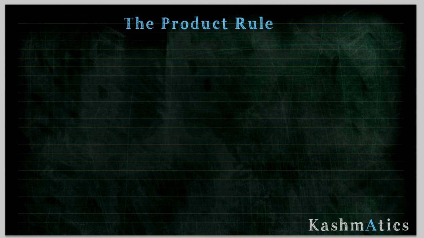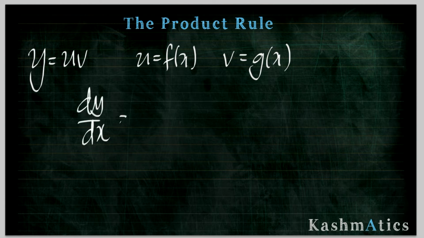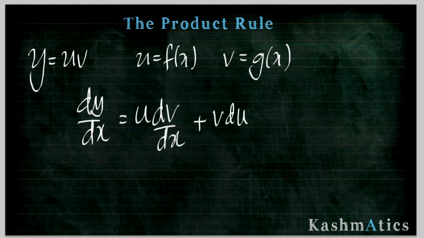So the first question we need to ask is, when would you use the product rule? And it's quite simple. It's if you've got a function which is a product of two other functions of x. So for example, if you had y equals uv, and u is some function of x, and v is also some function of x, but a different one to the first one, then dy by dx would equal u dv by dx plus v du by dx.